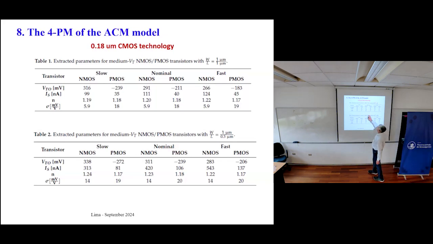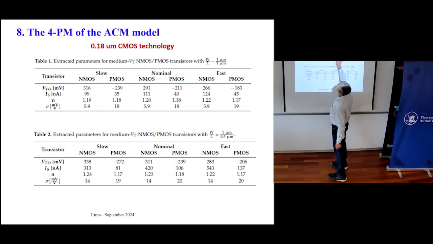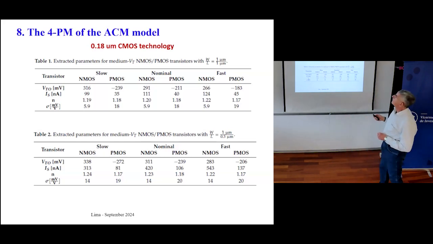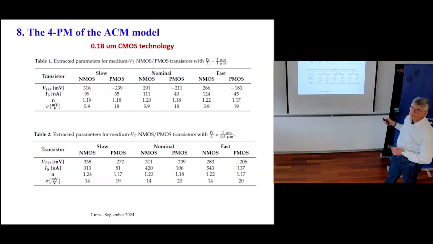Okay, these are the nominal values that were simulated. For the NMOS transistor, VT is 291 and PMOS minus 211. And you have the values of IS, and you see that there is a spreading from here to here.